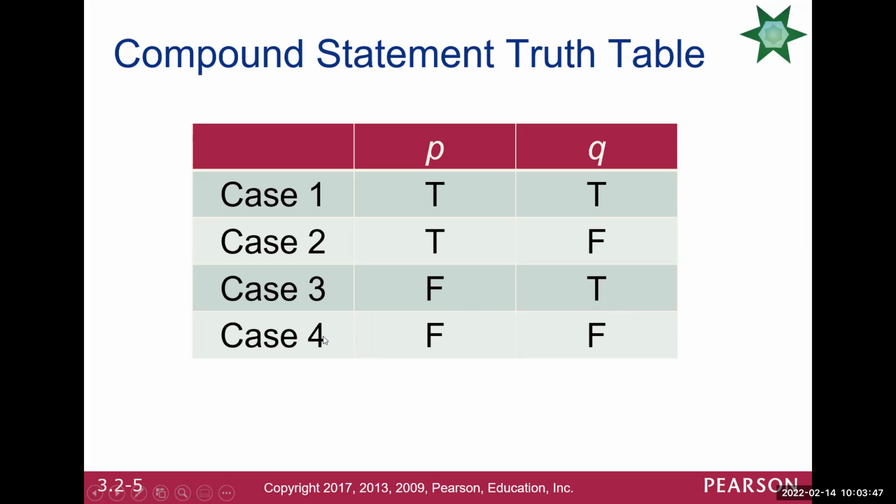And then lastly, for our fourth case, we have that our first statement is false and our last statement is false. This setup, TTFF for the first statement and TFTF for the second statement, is like a generic standard table that we will always be given and that we will always start with whenever we have our truth tables. It is something that I've usually asked as a bonus problem on a test.